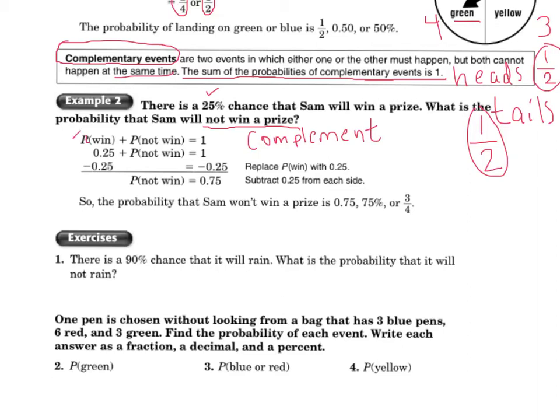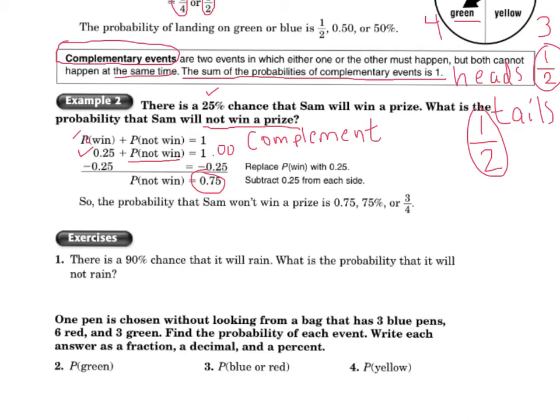You can't do both. And they said the probability of winning is 25 hundredths. What would this number have to be for that to equal 1? 1 whole, take away 25 hundredths, is equal to 75 hundredths. You can think of it like money.